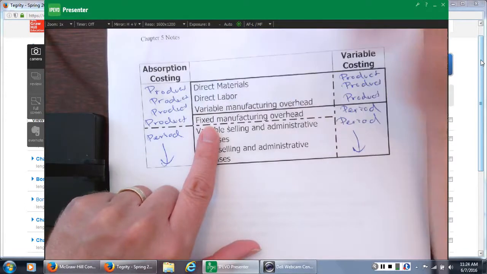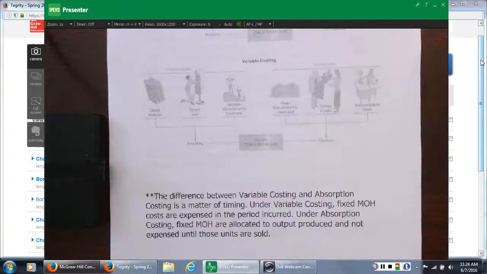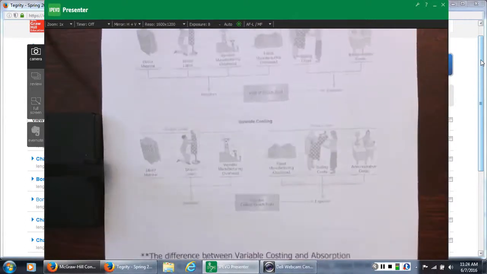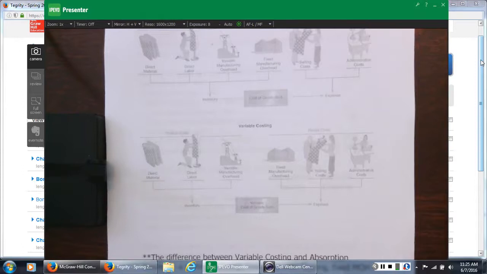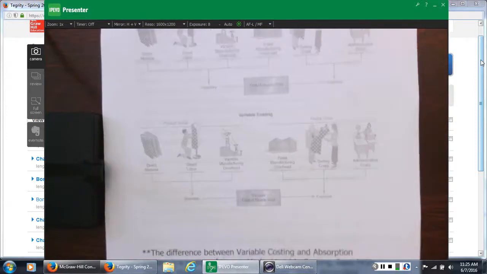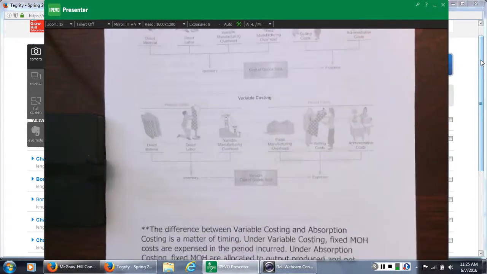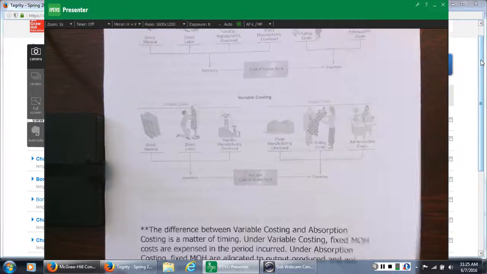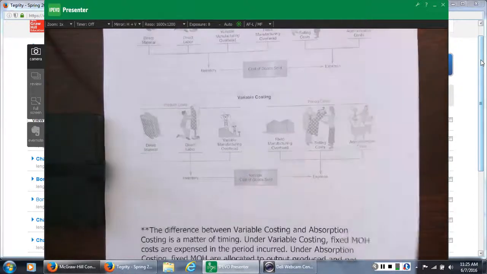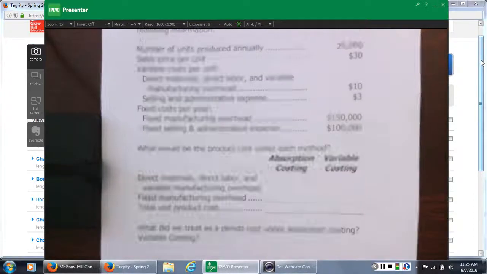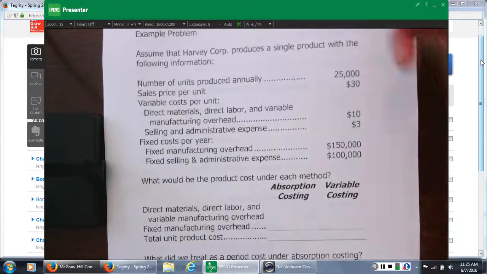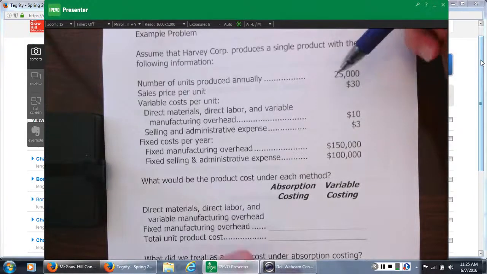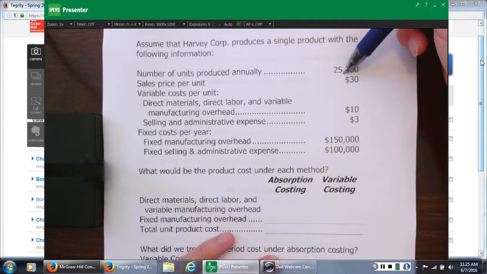Okay, so again, this diagram right here is kind of illustrating the differences again of everything that I just talked about. So I'm going to go ahead and start jumping into some of the problems because I think that really actually illustrates the difference. So let's say we have our example corporation here. Harvey Corporation produces a single product with the following information. Here's our 25,000 units that we produce every year.